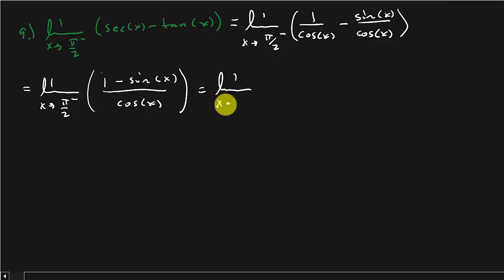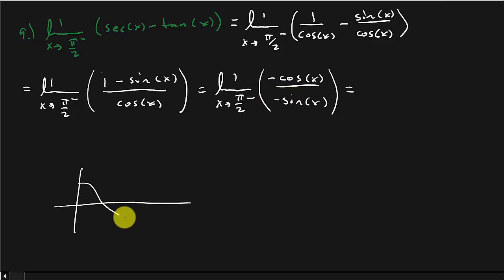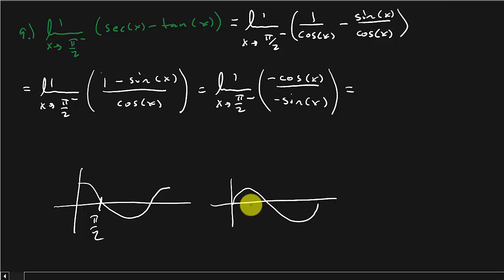The limit as x goes to pi over 2 from the left. That's going to be what? Negative cosine x over negative sine x. And let's see what happens. Well, I erased it, didn't I? There's pi over 2 for cosine. Let's just put it back up here so you can see it.